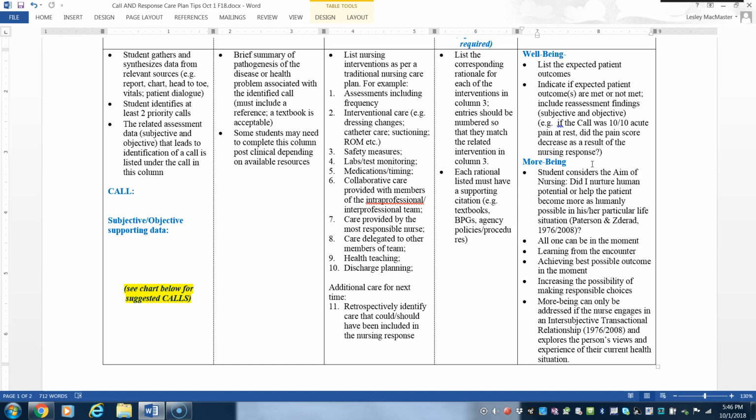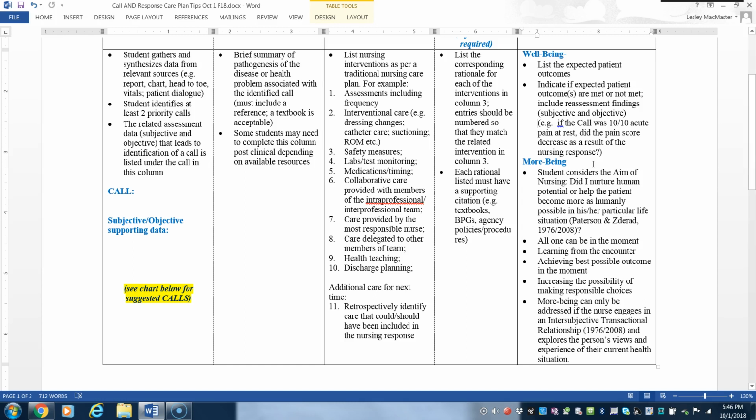So the student might ask themselves, did I nurture human potential, or help the patient become as much as humanly possible in his or her particular life situation in the here and now? So, being all that one can be in the moment, or perhaps learning from the encounter, or perhaps achieving the best possible outcome in the moment, or increasing the possibility of making responsible choices.